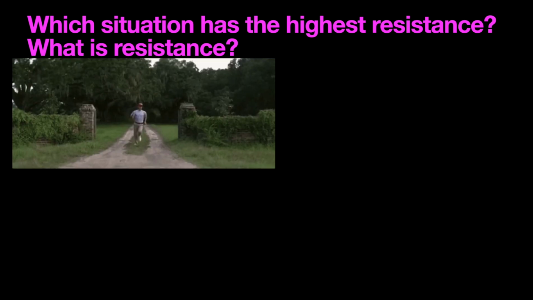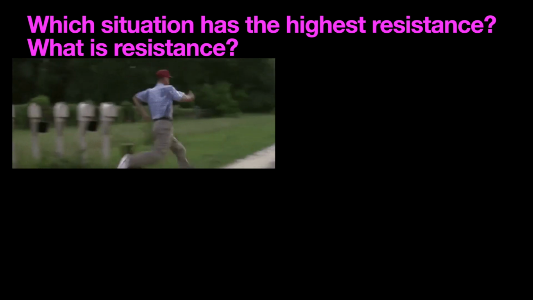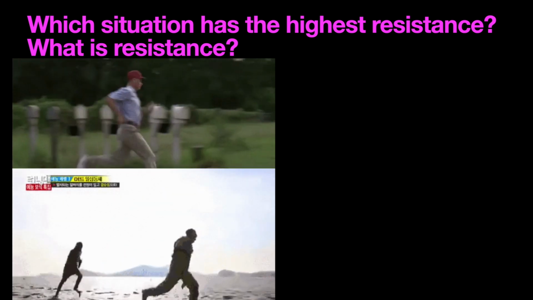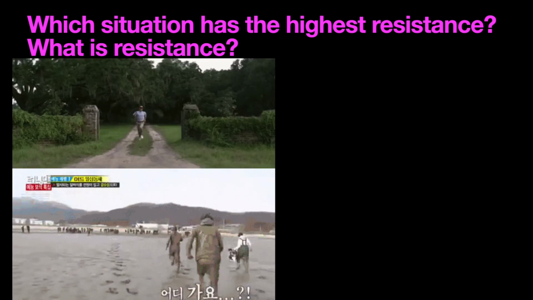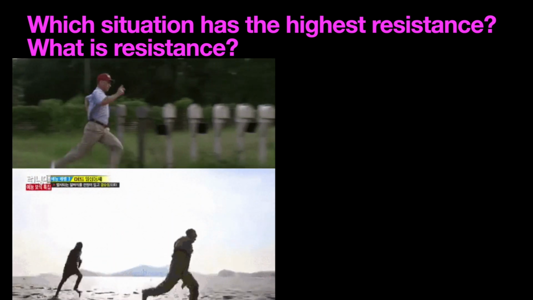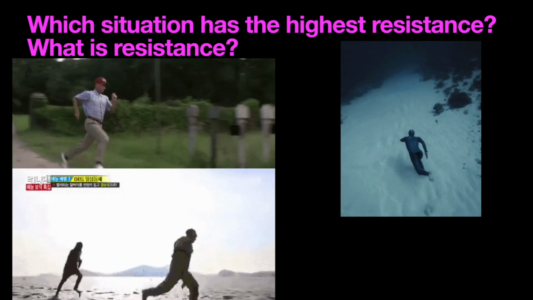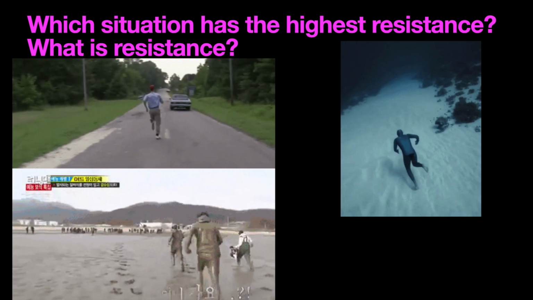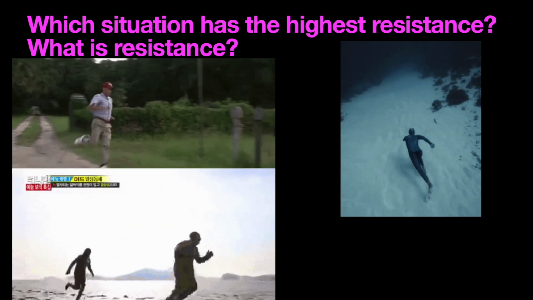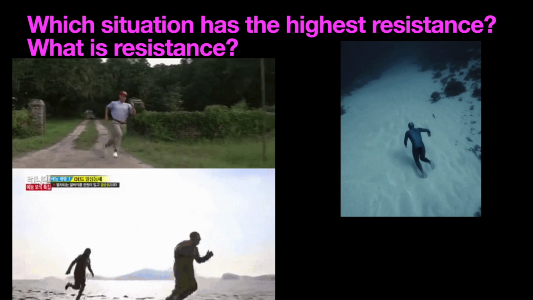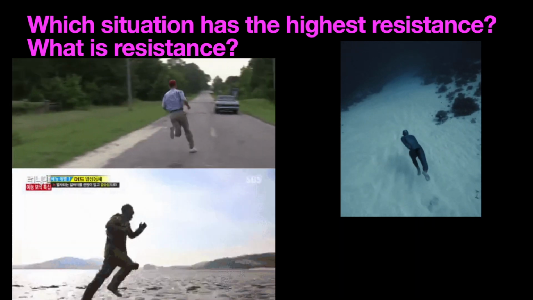It's actually from Forrest Gump. The second is some people running on what looks like a very muddy surface. And thirdly, we have a person running underwater. Of these three situations, which do you think has the highest resistance? And which do you think has the lowest resistance?